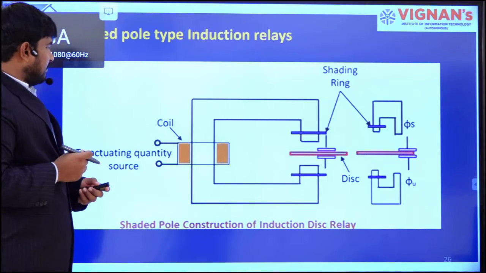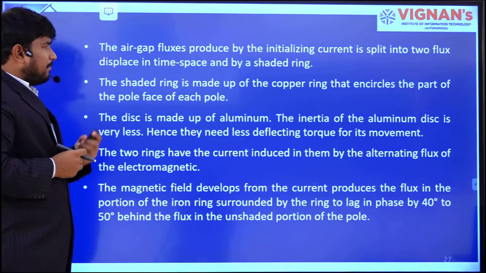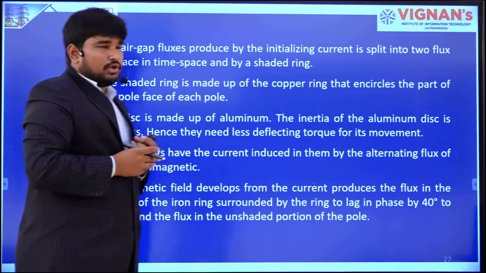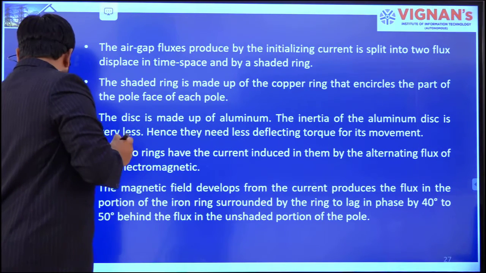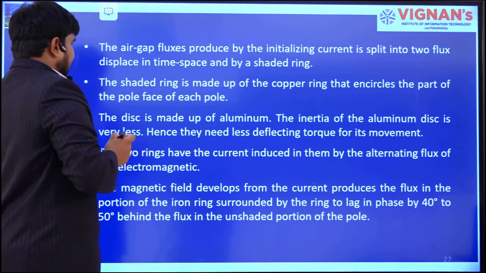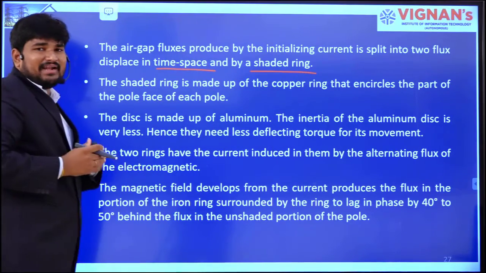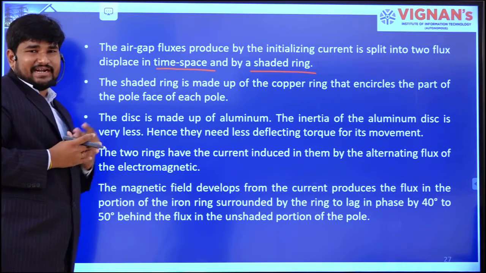Now let us observe some key points about the shaded pole type induction machine. The air gap flux is produced by splitting the current into two splits, and having a time-space delay by using the shaded ring. There will be a delay between the fluxes because of that shaded ring.